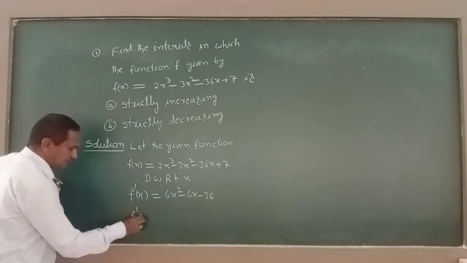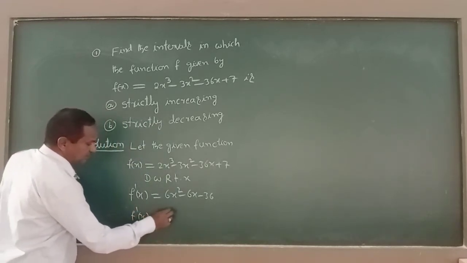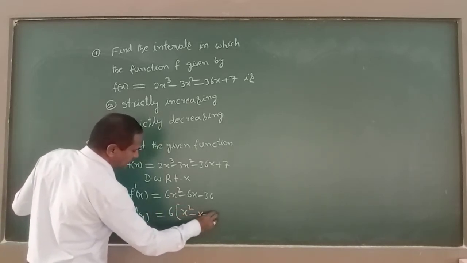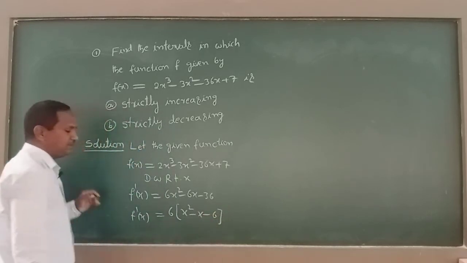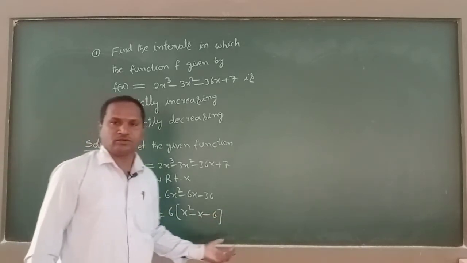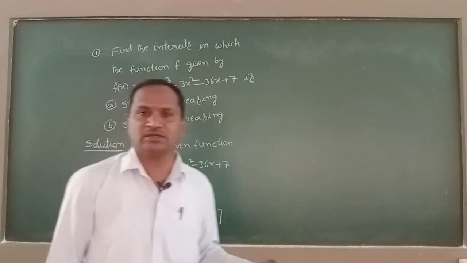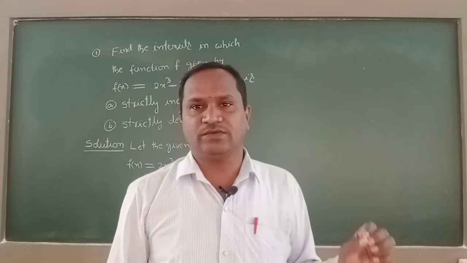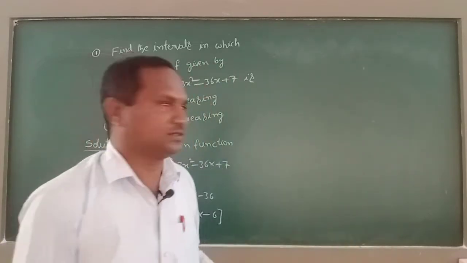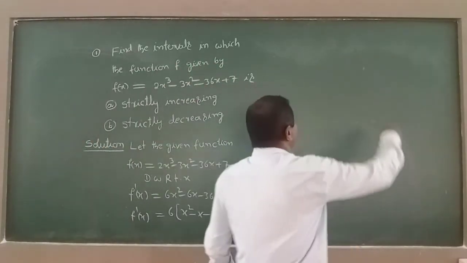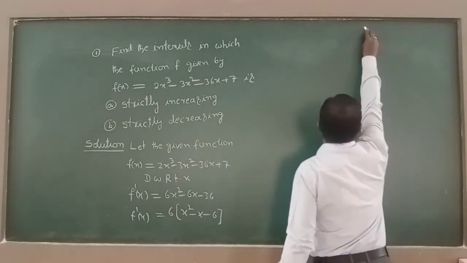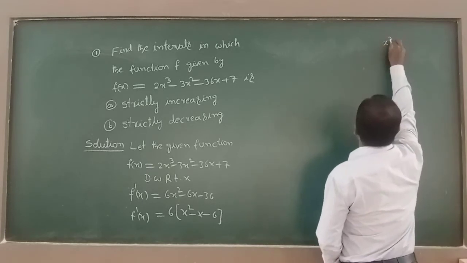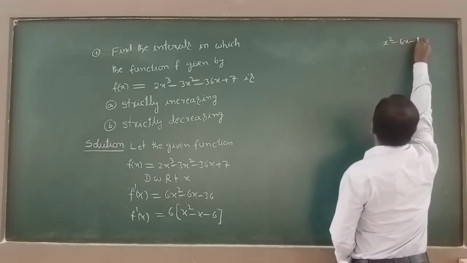f dash of x is equal to, take 6 common, then we will get x square minus x minus 6. Here we got a quadratic polynomial function. When you get a quadratic polynomial function, we must convert it into a product of factors. On the rough side, we convert that into a product of factors: x square minus x minus 6.